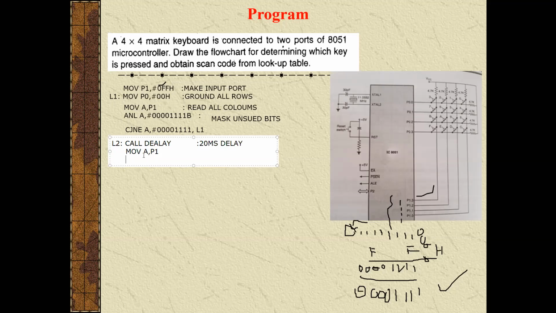Then I am performing the AND operation: ANL A, comma, hash with 000 111, and then compare and jump if not equal our A to this immediate value.